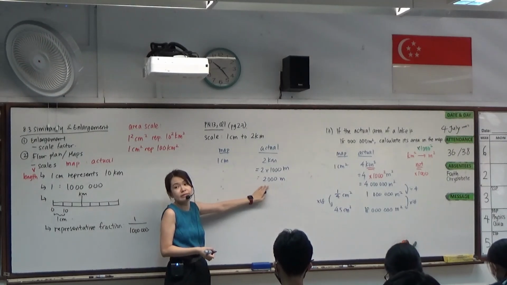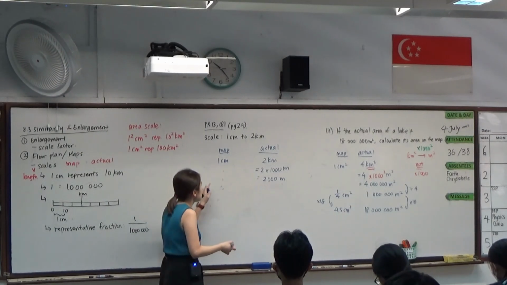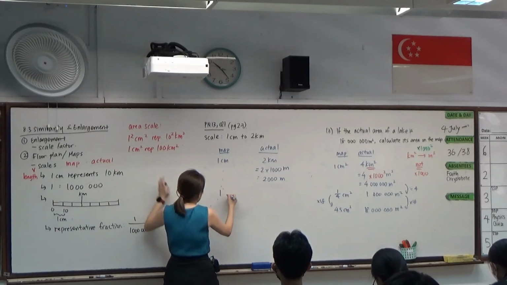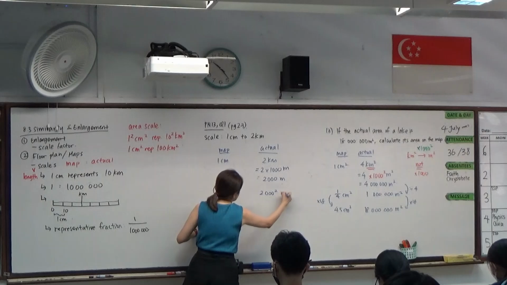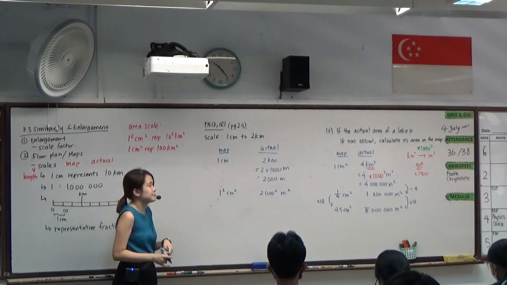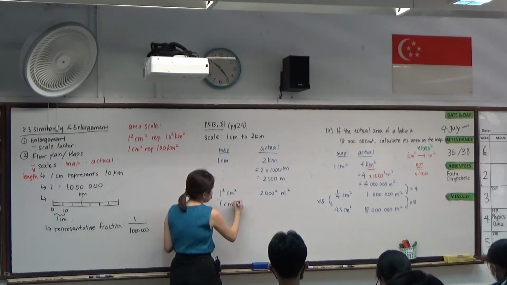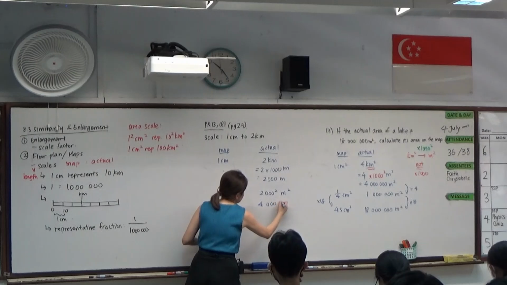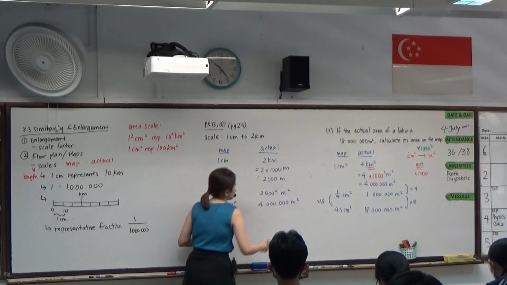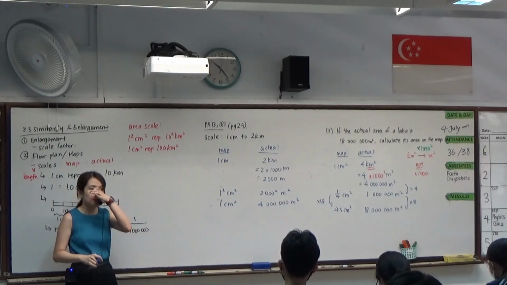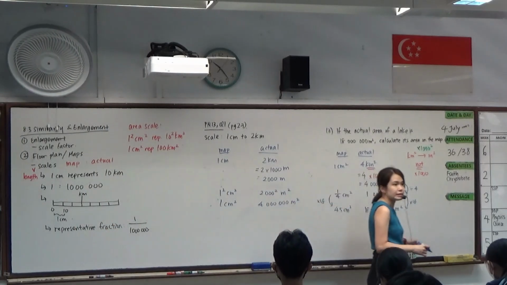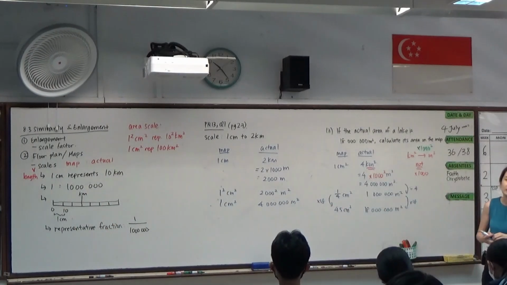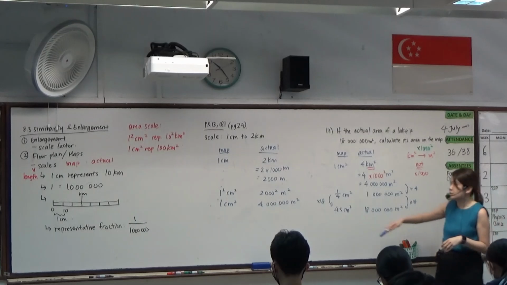So I head towards meters first. Then I go into doing my area scale: 1 squared cm squared, 2,000 squared meters squared. That will give me 1 cm squared to 4 million meters squared. Notice that the process remains the same.